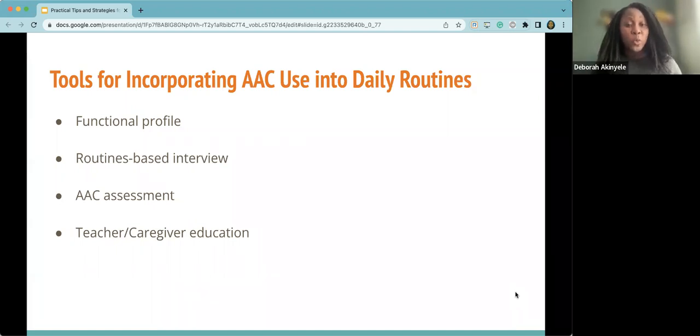And then being able to really collaborate with teachers and caregivers so that in embedding these strategies into daily routines, it's also coming with an understanding on the part of the teachers or caregivers how those strategies are going to lead to their client or their child's use of the device in a more consistent and in a more functional way.